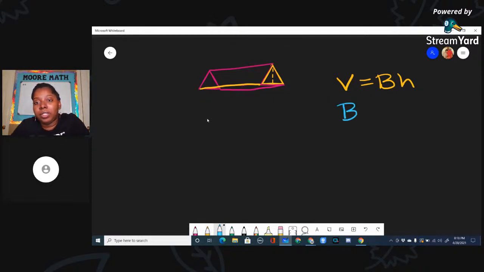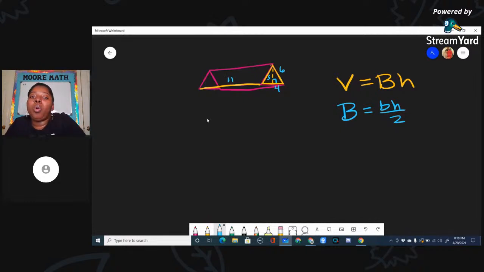Yes. So first things first, we're going to find the area of the base. Base times height divided by 2. Okay, so I'll put 6, 5, and 4, and we'll put an 11 there.